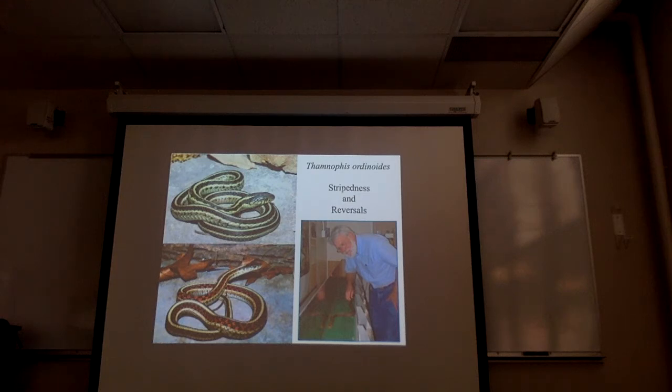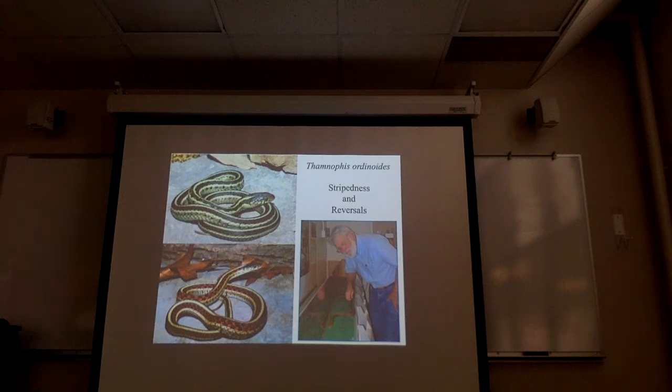In this case, in the same population, actually in the same little valley at 10 Mile Creek, you pick up a snake in the species Thamnophis organoides. It could be really stripy, it could be really checkery, or it could be anything in between morphologically. So one of the questions was, how can all these different color patterns coexist together in this same population?